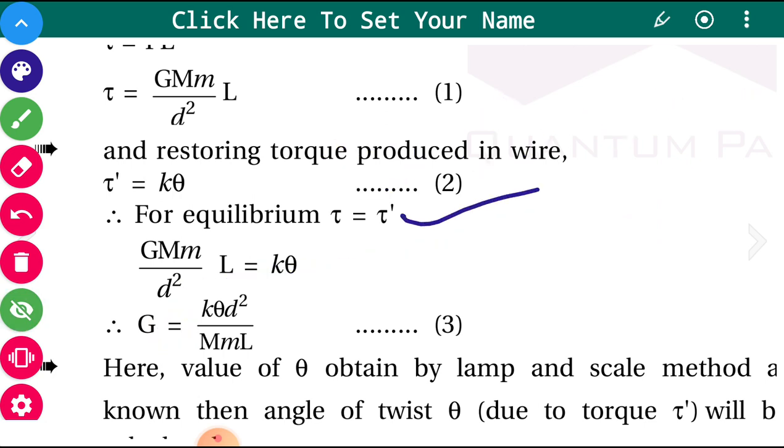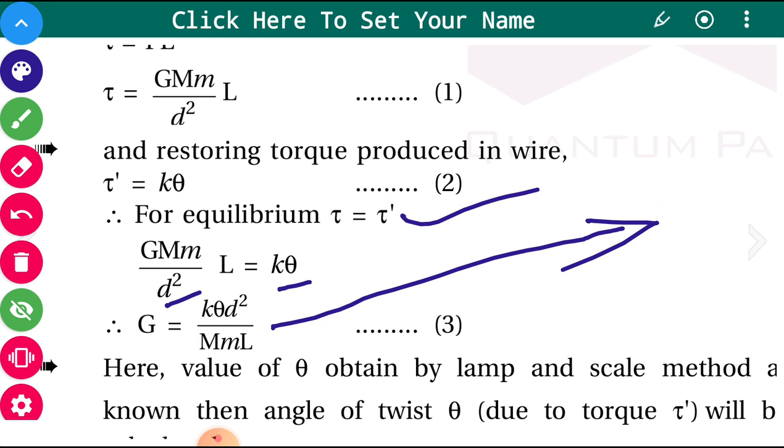So G M m upon d square into L is equal to k theta, and if you make G the subject of the formula, G equals k theta d square upon M m L. Here the value of theta can be obtained experimentally by the lamp and scale method. D is the distance between the two spheres of masses capital M and small m, and that can be measured. These masses must be known to you.